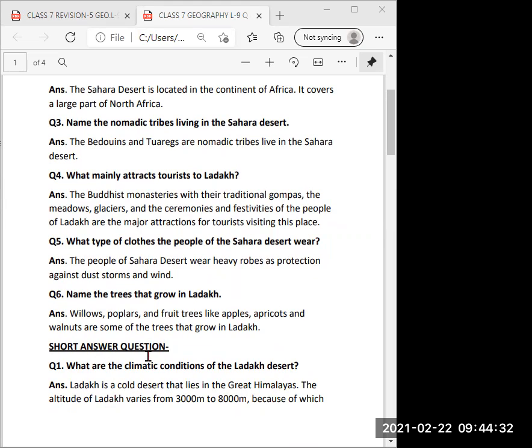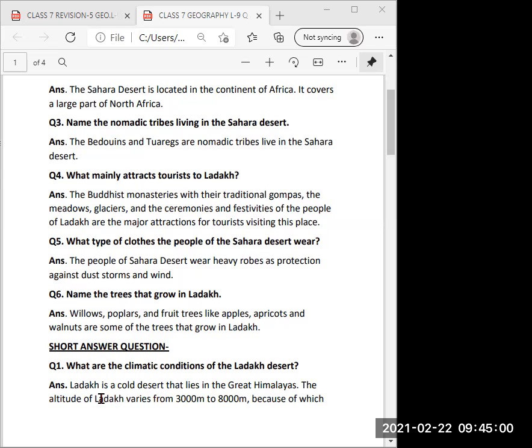Fruit trees also, example is given: apple, apricot, and walnut. So, which type of trees are grown in Ladakh? Willows, poplars, and fruit trees. Fruit trees again, apple, apricot, and walnut. Clear? You will be able to remember now.